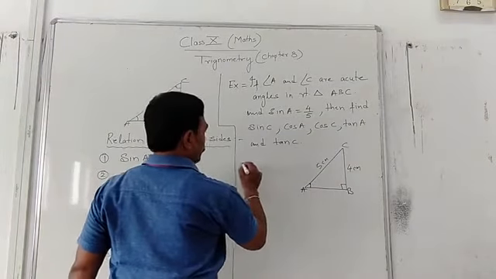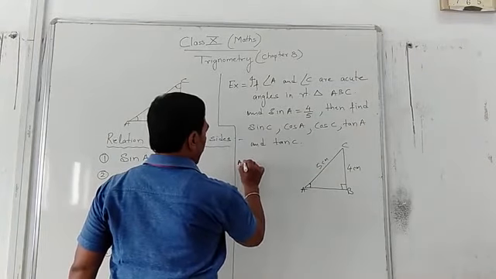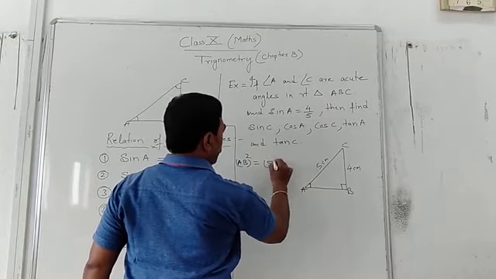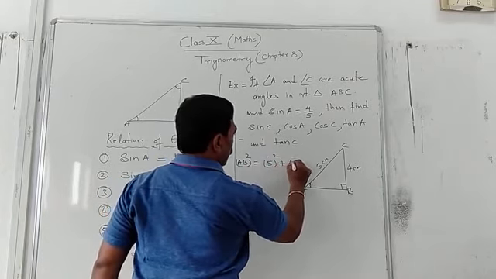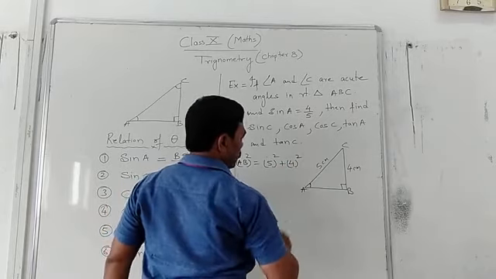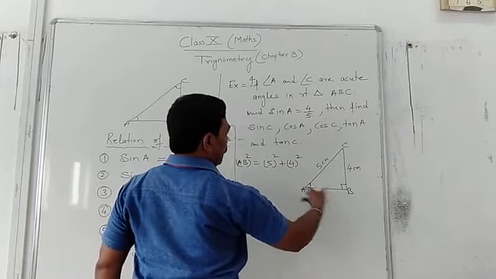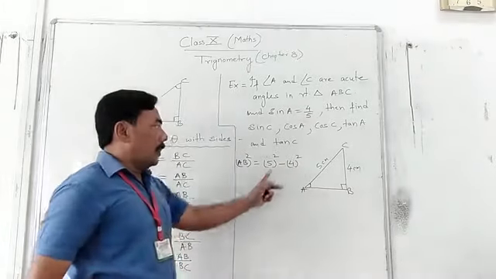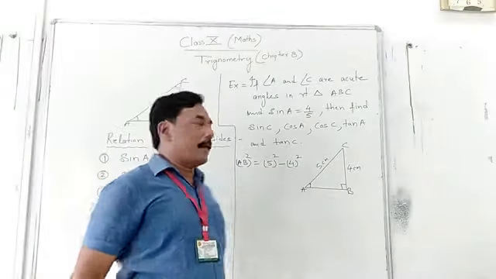Therefore, AB square is equal to hypotenuse square minus perpendicular square.